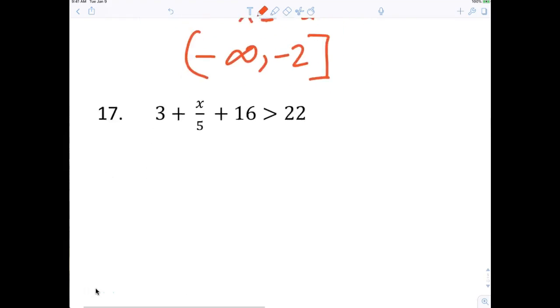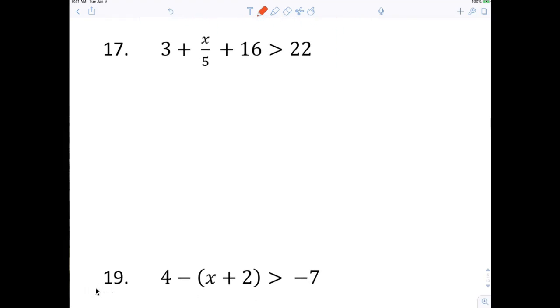Here we go. Number 17, combining like terms. 16 and 3 can be combined. X over 5 plus 19 greater than 22. Now what? Subtract 19. X over 5 greater than 3.